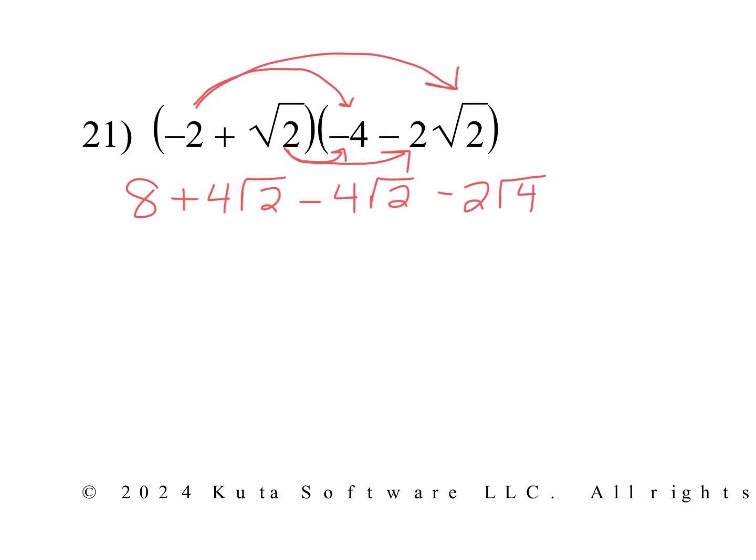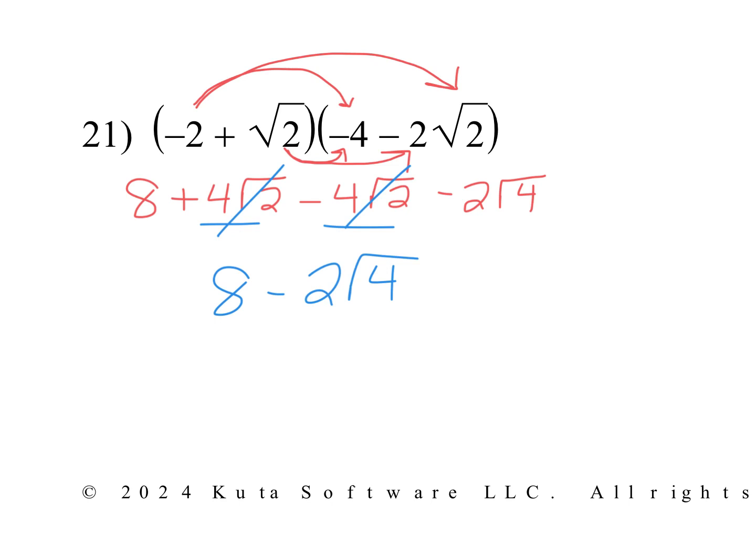Now you're at the combining like terms and simplifying part. Is there anything that I can combine, or anything that happens? Right, these two right here, they can cancel each other out. What else? 8 will just stay. What happens to this one? It does stay. Square root of 4, but can it be simplified? Yes.